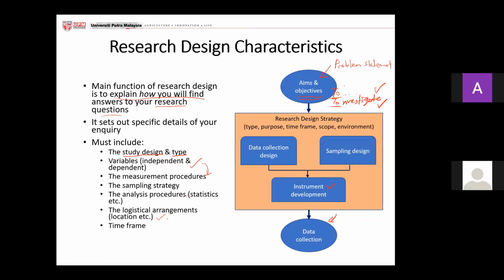Location, if you are not from Malaysia and you cannot come back, your FYP would probably be something that is accessible to you in your own country. So you have to start thinking about that. Right, and of course, time frame. Time frame is also something that you have to consider as well.